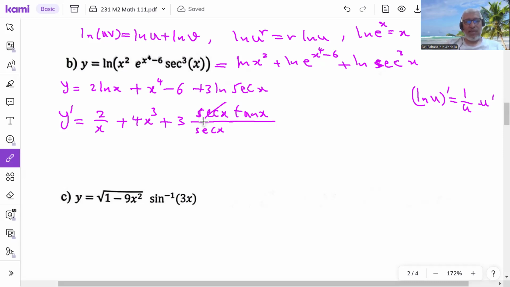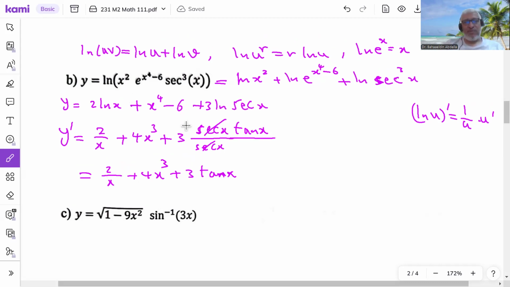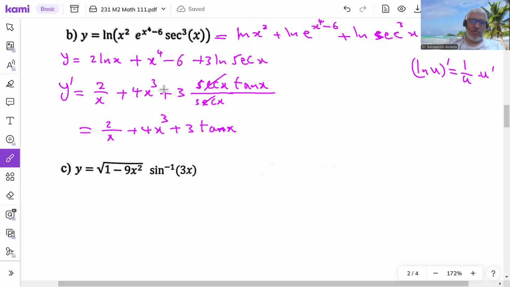Of course, I can cancel secant with secant, and the final answer would be 2 over x plus 4x cubed plus 3 tan x. See, the answer is easy and simplified. If you don't expand the ln here, it would be a very long question.